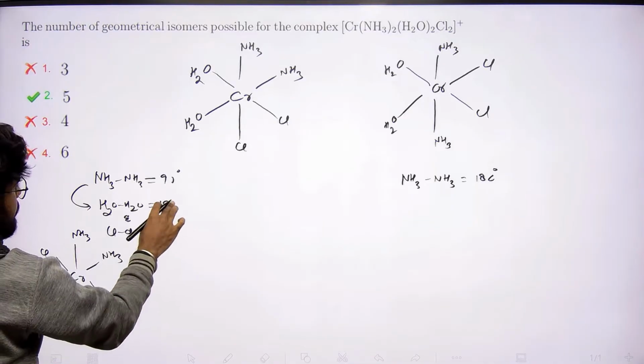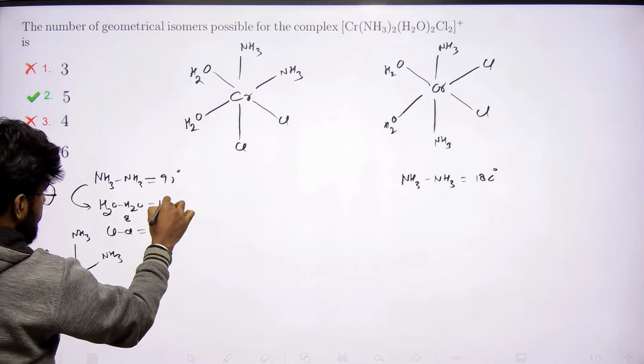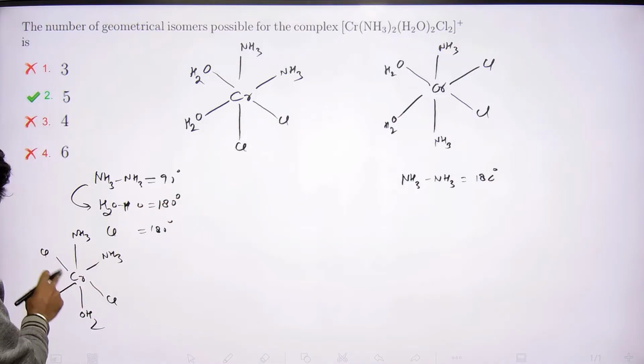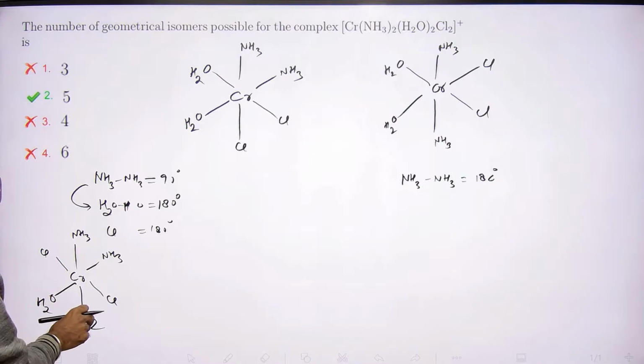Either you can place two H2O at 90 degrees, then consequently your 2 Cl will be at 90 degrees.